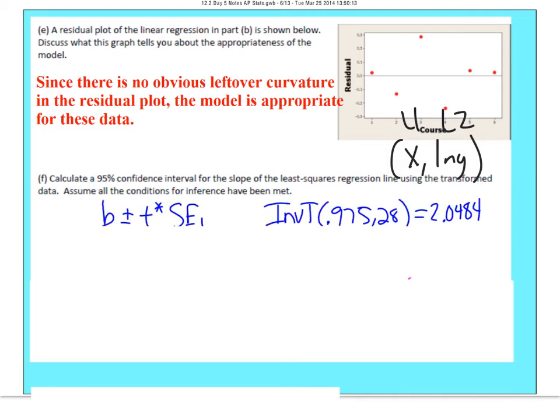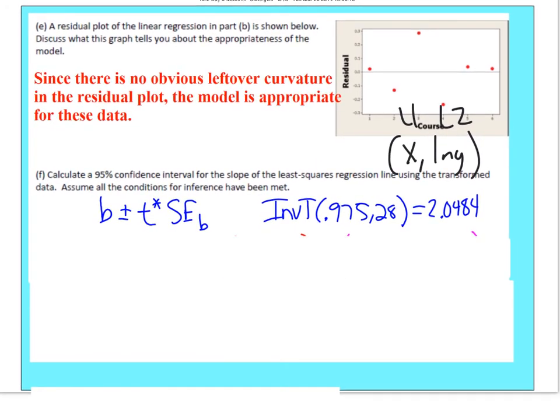So what I'm going to do here first is, here's the confidence interval format. I want 95% confident, so 0.975. Our sample size was 30, so I'm going to do 30 minus 2, or 28. That's our critical value.